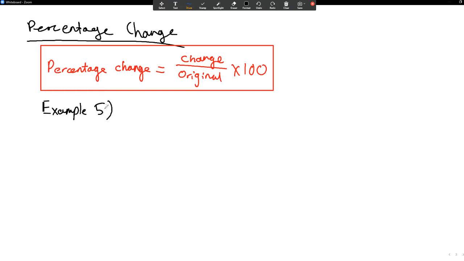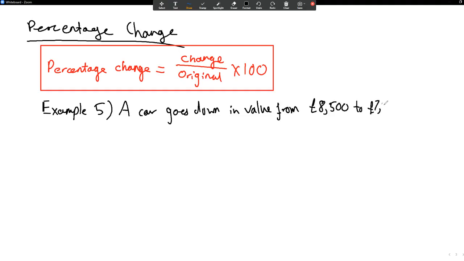Okay, so let's say a car goes down in value from £8,500 to £7,000. Find the percentage change. Okay, so let's do that using this formula.